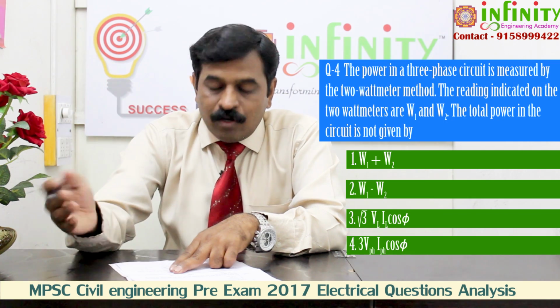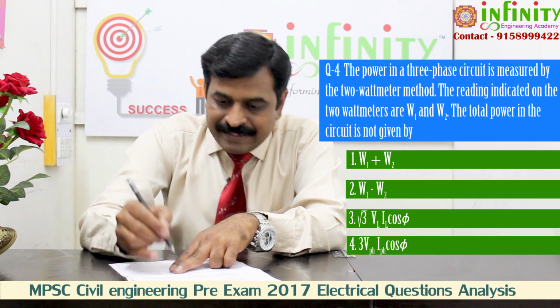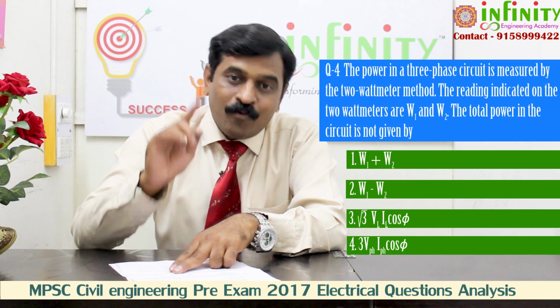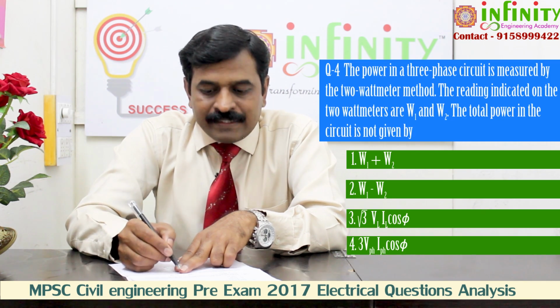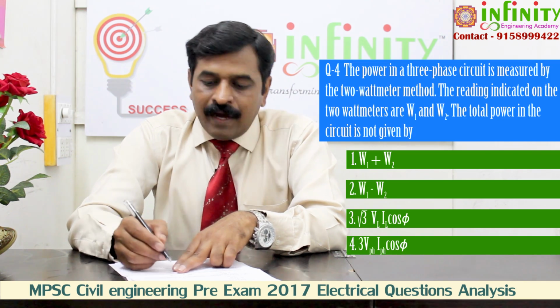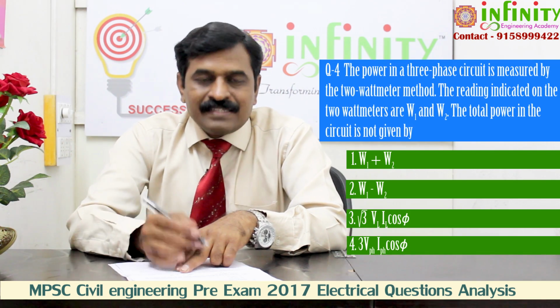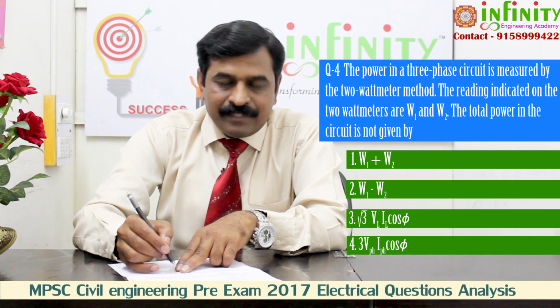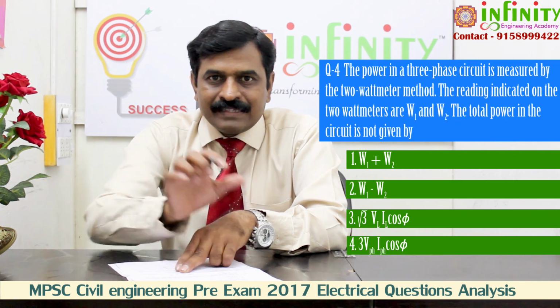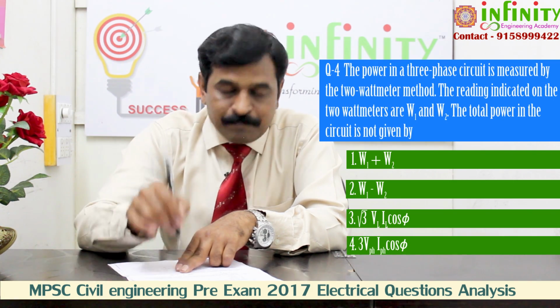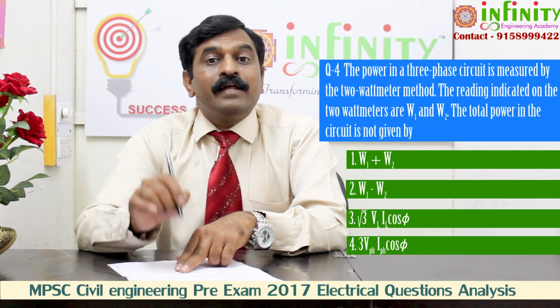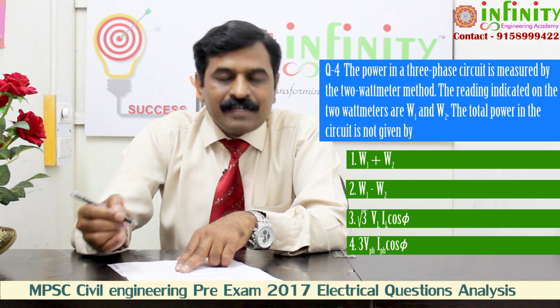For which question this option is correct, you should know that also. So here, 3 VPH IPH cos phi is again nothing but the total power in the 3-phase supply. That means this gives the total power in the 3-phase supply, but in this particular MCQ, it is not a correct option.